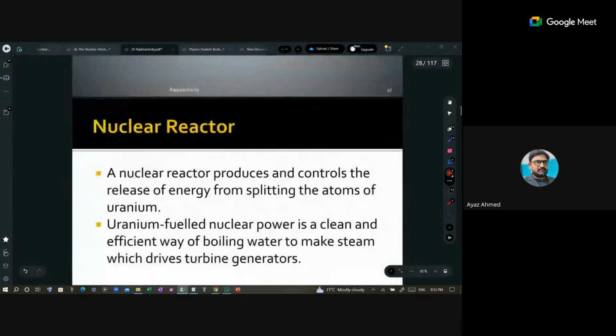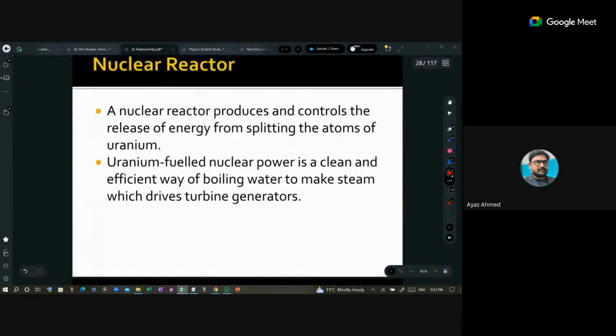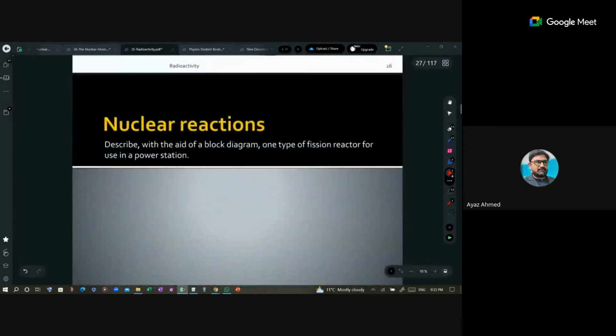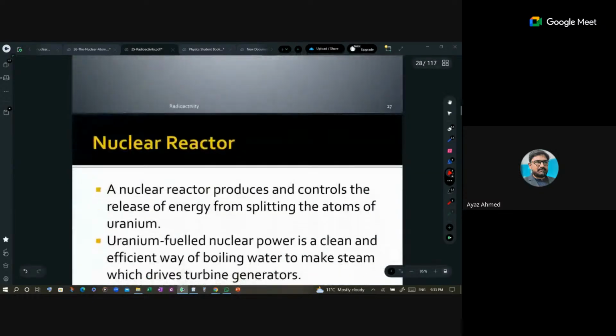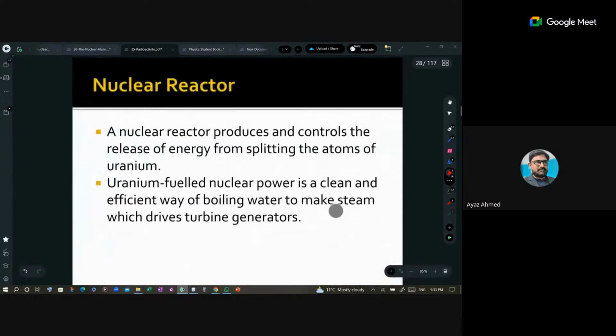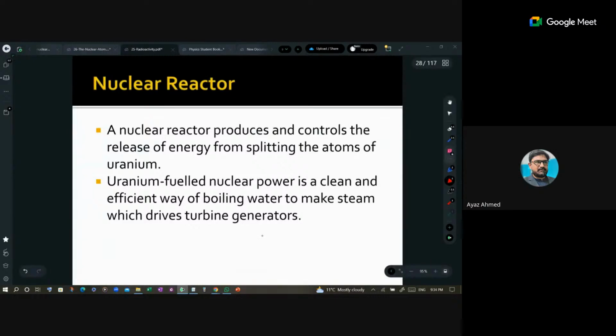Now, a nuclear reactor. This process is described with a block diagram of how fission takes place in a reactor and power station. In a nuclear reactor, fission happens.